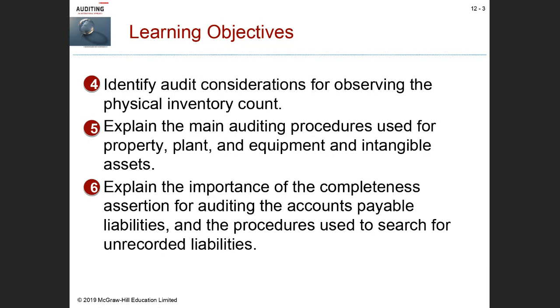So those components, again, beginning inventory plus purchases equals cost of goods available for sale, minus ending inventory equals cost of goods sold. So you can see in that equation, if you change your ending inventory, it's going to change your cost of goods sold number. And if cost of goods sold changes, that's one way to significantly impact the net income of a business. So auditors are aware of this risk, and under generally accepted auditing standards, a physical inventory count must occur. Okay, it's not optional, it must occur.